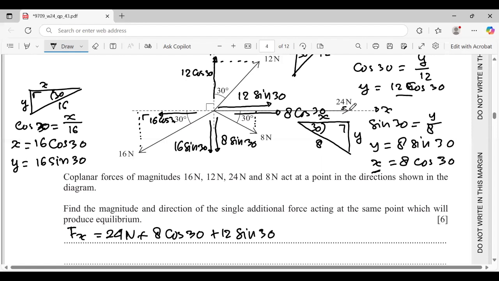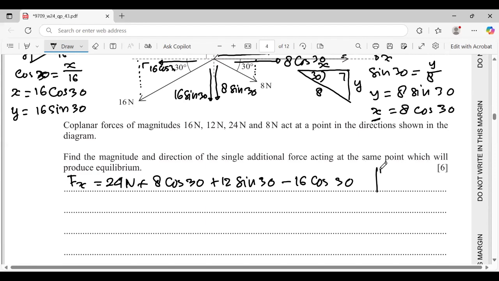The force acting on the x-axis opposite to these forces, so it means minus 16 cosine 30.